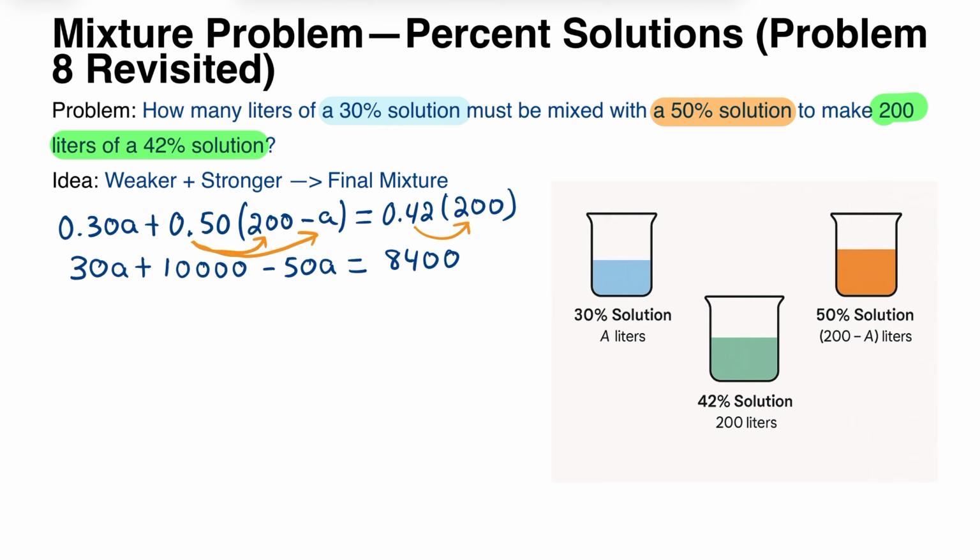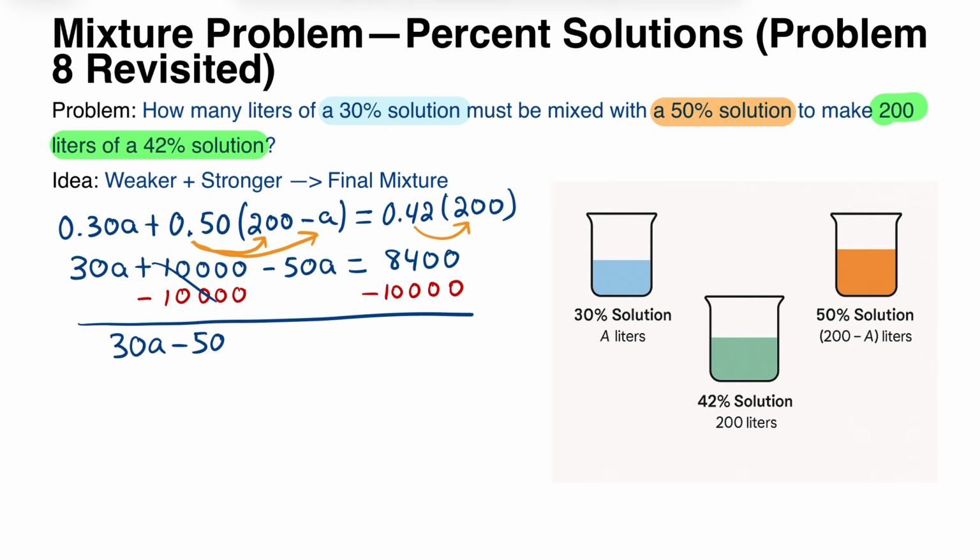Okay, so now we can go ahead and do as we normally would. We're going to solve for A. So let's subtract 10,000 from both sides. Okay, and so we are left with 30A minus 50A equals negative 1,600.